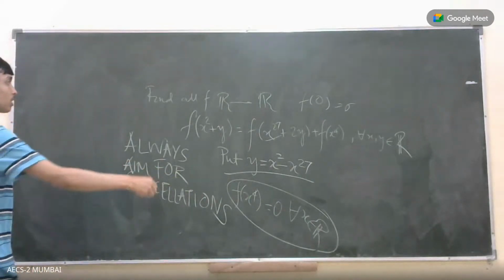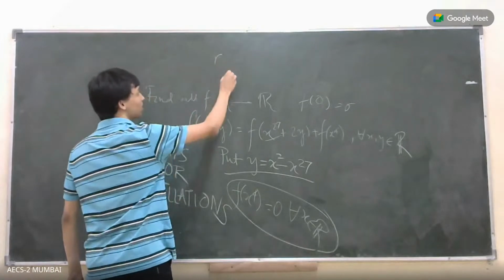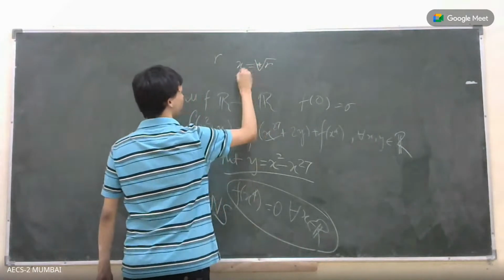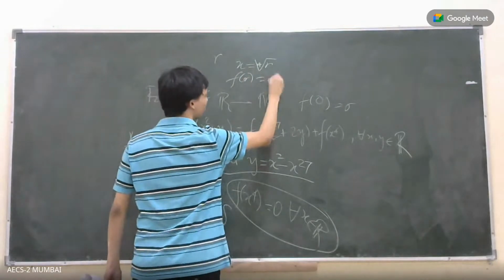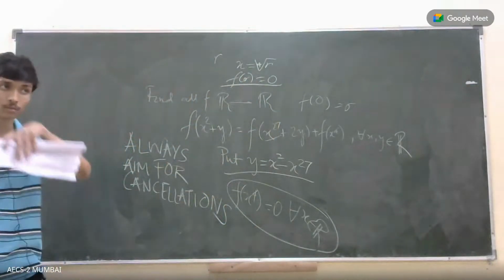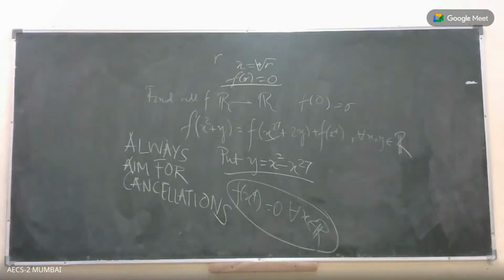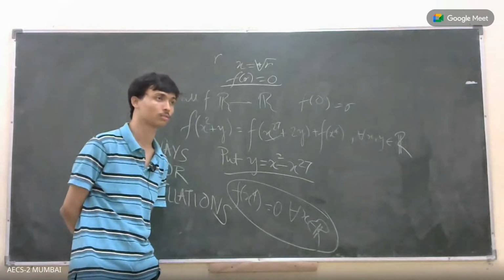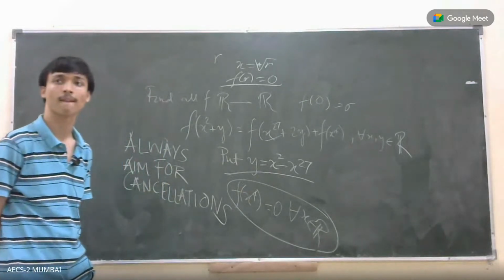That if I have any positive real number r, then I can put x equal to 4th root of r, and I will get f(r) equal to 0. Right? Am I clear?